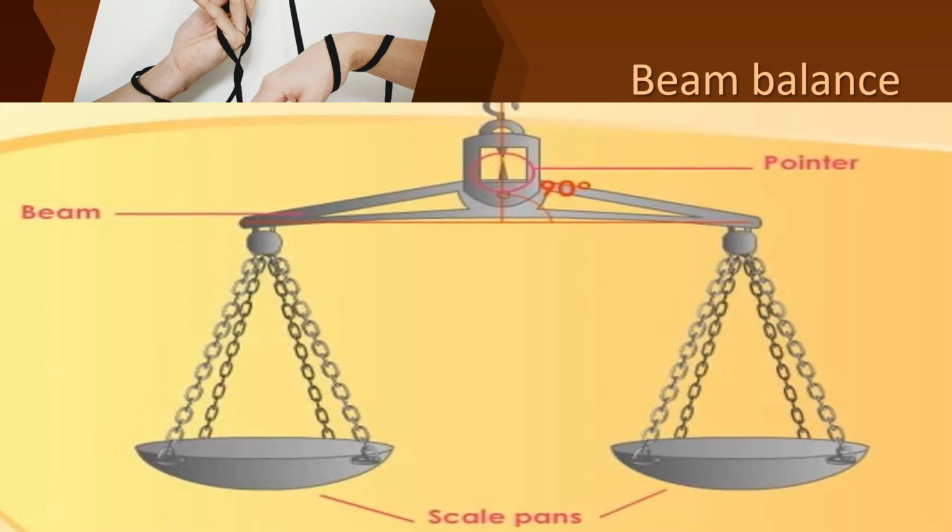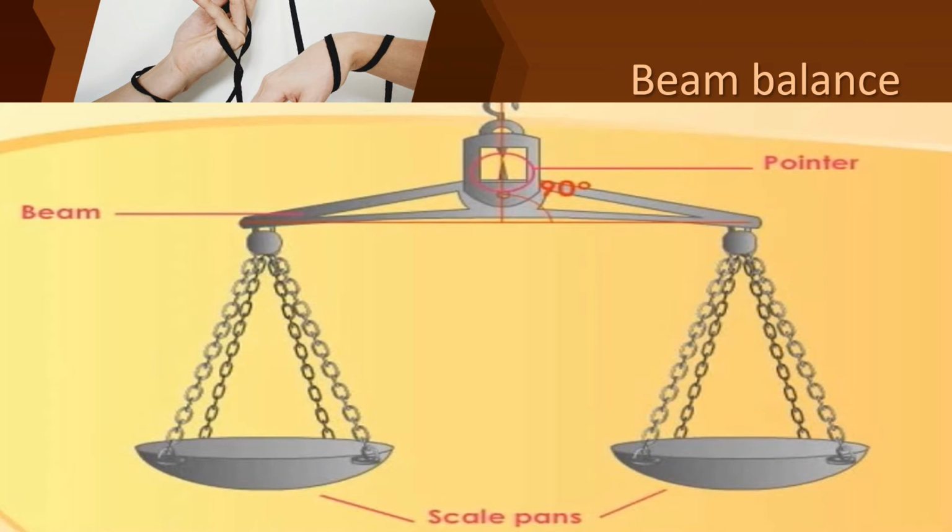And we should place a standard weight on the left pan and the object on the right pan. We should place the standard weight in the left pan and the object on the right pan.